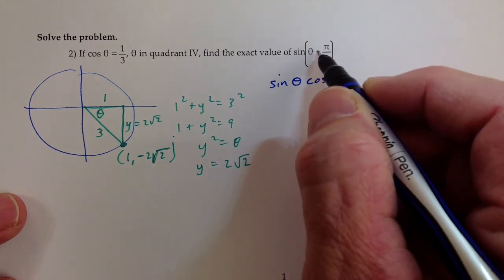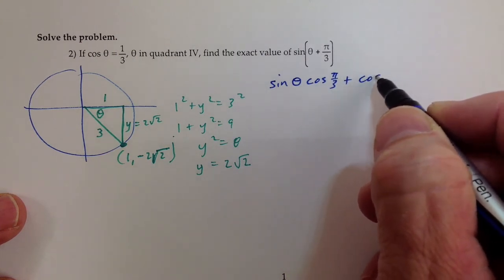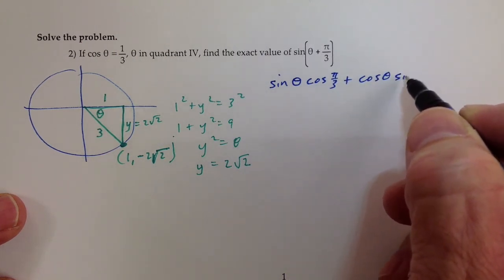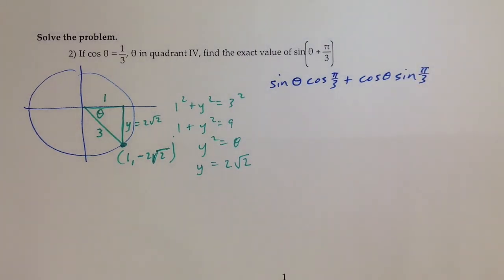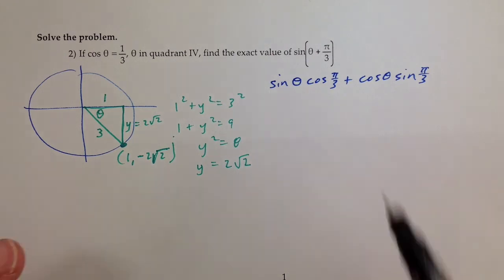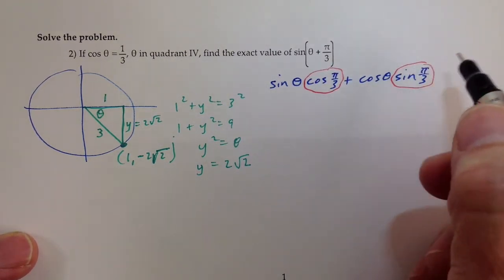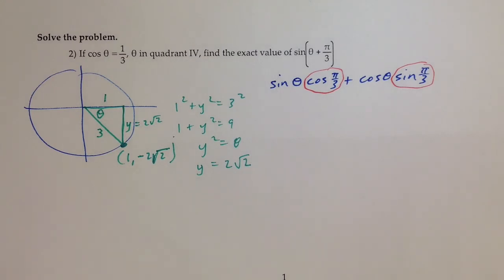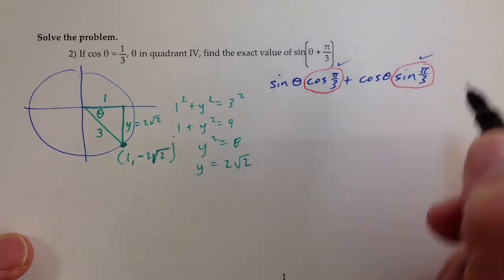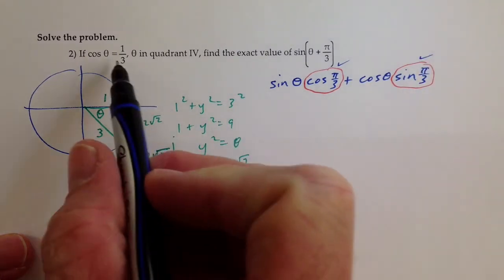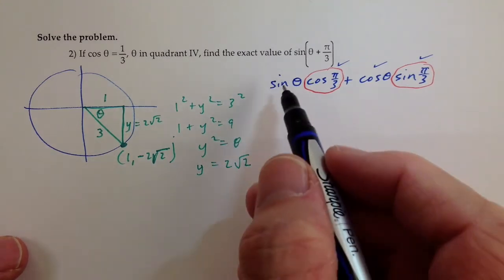The signs are the same outside and inside the parentheses, so plus cosine of theta, multiplied by the sine of pi over 3. For whatever reason, some students don't like to remember that sine of pi over 3 and cosine of pi over 3 are actually real numbers. We know those, and we're given that cosine of theta is 1/3. So the one we have to work for is the sine of theta.